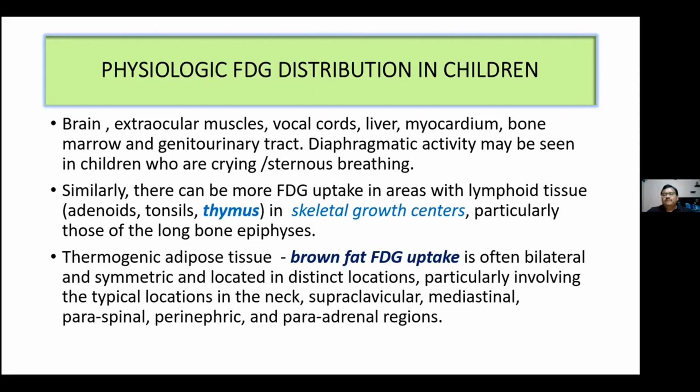Still, when they go into the scanner, the temperature is around 20 degrees, whether it is winter or summer. So the child still shivers, and they still have this brown fat FDG uptake, which is a little problematic in these areas. But with the PET CT, we are still able to make out where is the anatomical node and where is the uptake.